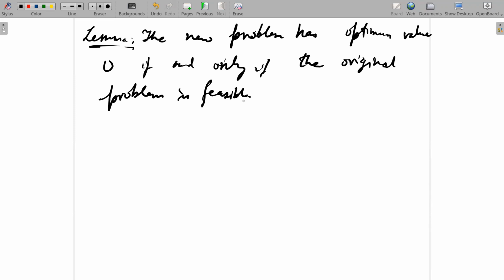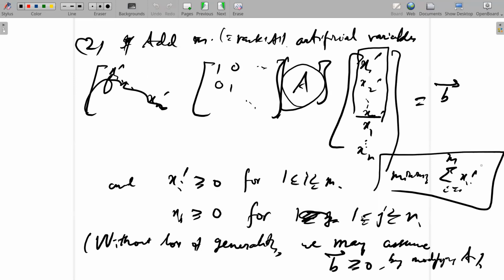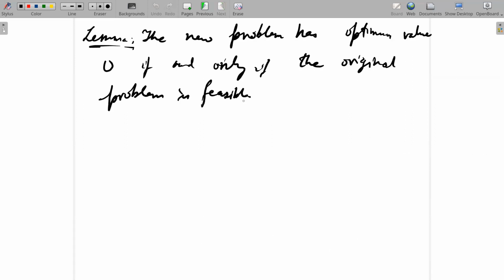Because if I have a set of x1 prime through xm prime where it has optimum value 0, that means all these entries are 0, which means the rest of x1, x2, through xn must satisfy the equation Ax equals b and also the sign constraints. All right, so one direction is clear. If the optimum value of this new problem is 0, then the original problem is feasible.